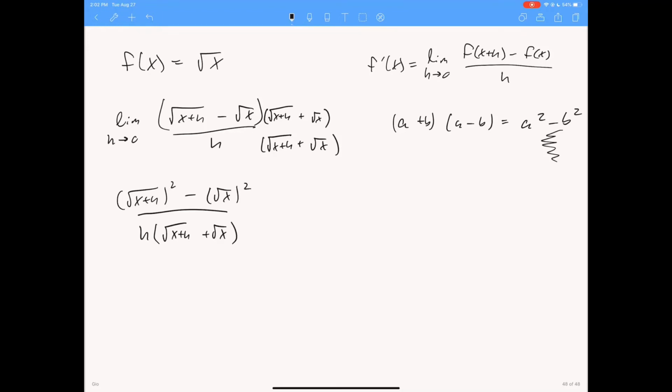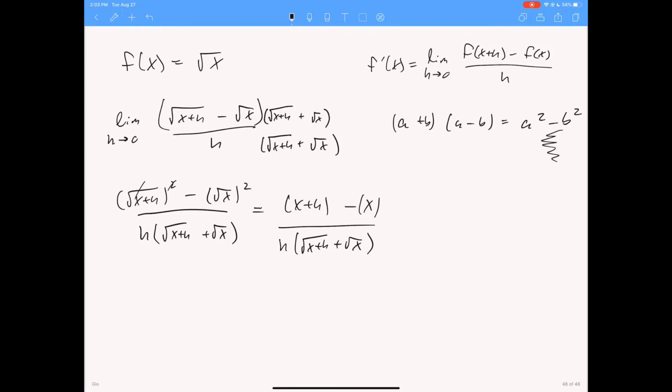And this will always be the case if you multiply by the conjugate, which is why it's helpful in this problem. So let's continue on. Radical x plus h squared, the square and the radical cancel out. That'll give us x plus h. And same thing with root x squared, that will cancel out, give us x. And then we still have our denominator.